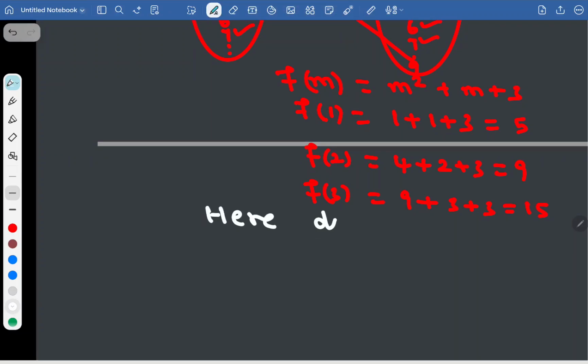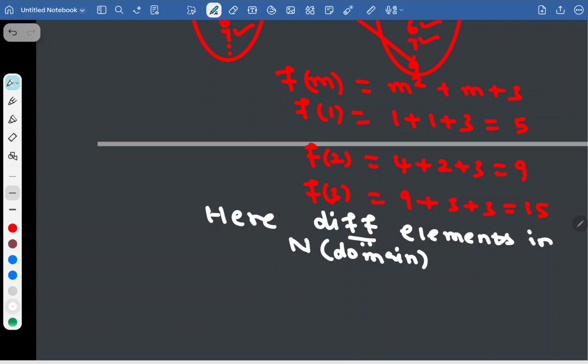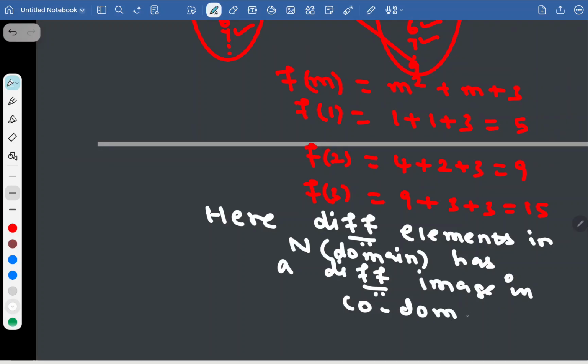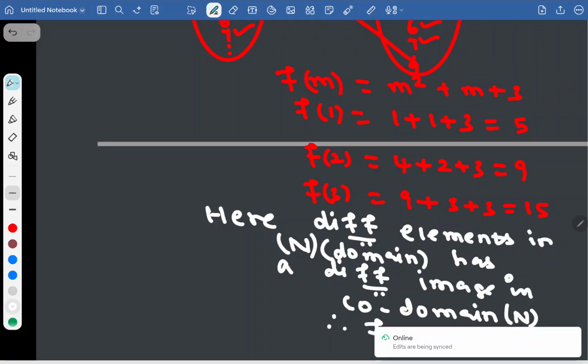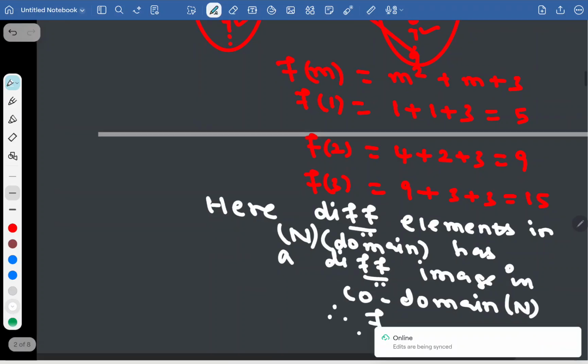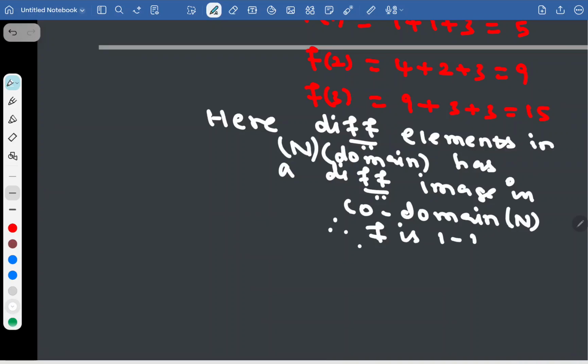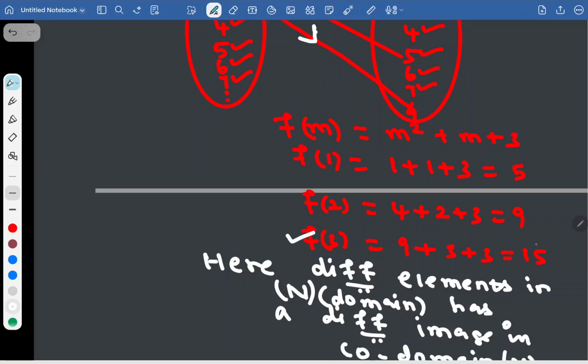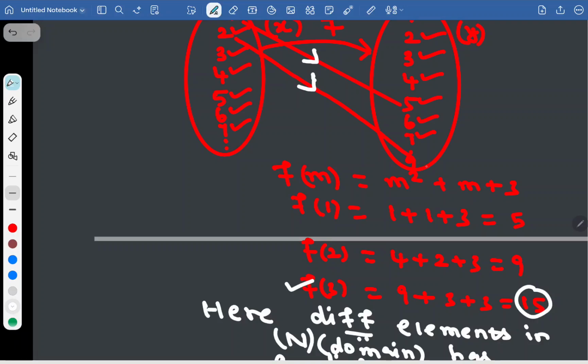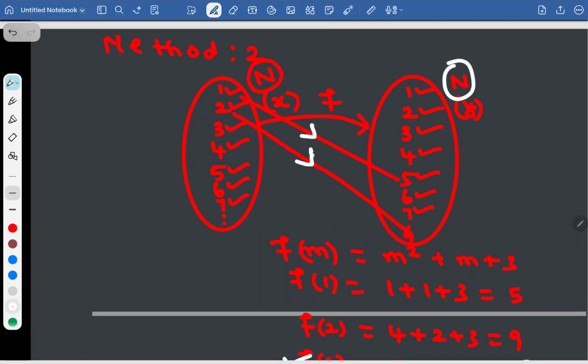Here, different elements in the N domain have different images in the codomain N. Therefore, f is 1-1, because we have f of 3 is 15, so 3 has an image in the codomain, because the codomain natural numbers are 1, 2, 3, 4, 5, 6, 7, 8, 9, 10, 11, 12, 13, 14, 15.